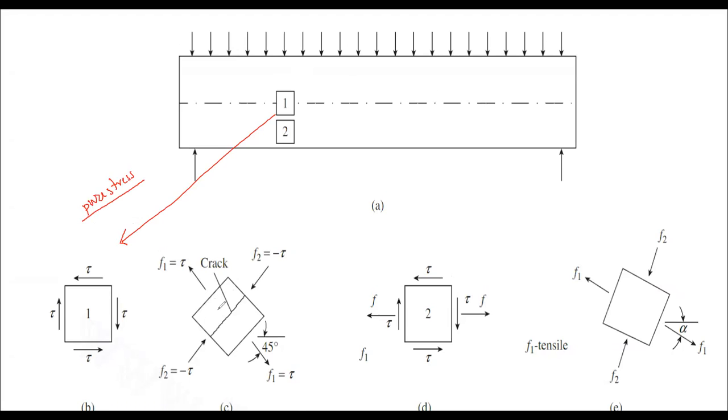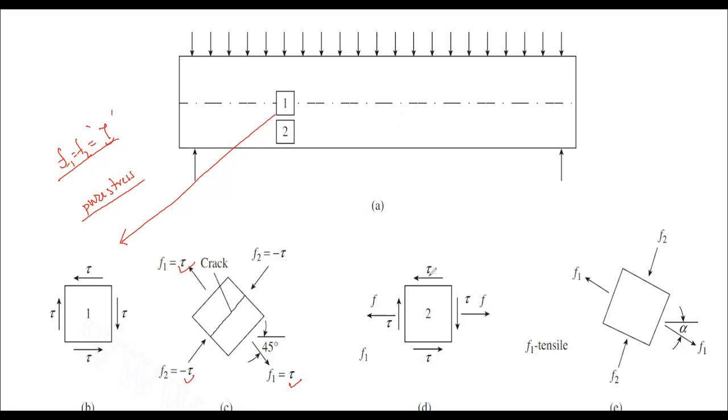Now if it is pure stress, that means your principal stresses will be this only, shear stress, because there is only shear stress, there are no other stresses out here. So that's why while calculating the principal stresses, we found something of this kind. All the principal stresses are shear stresses in the neutral axis.